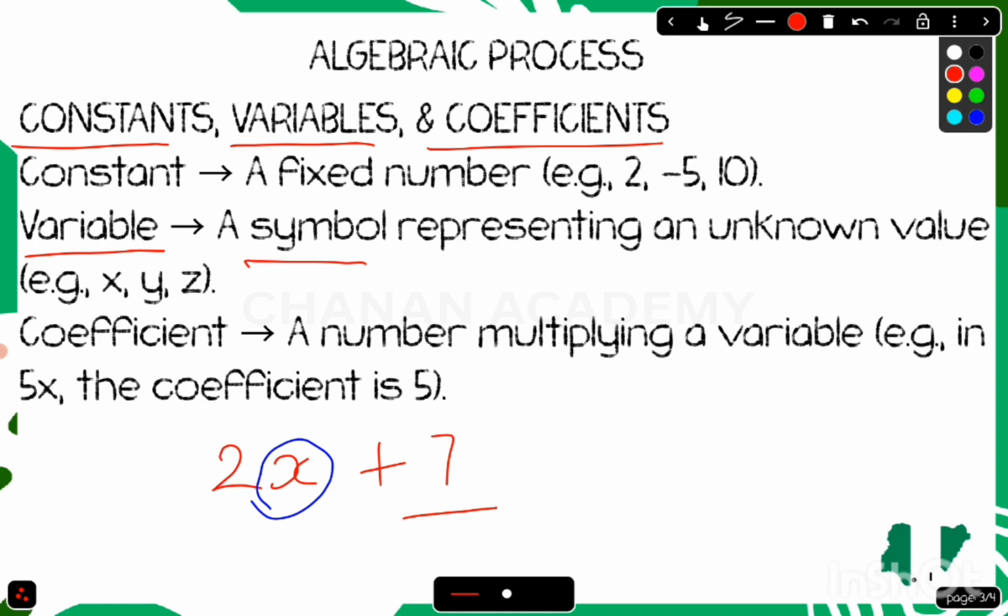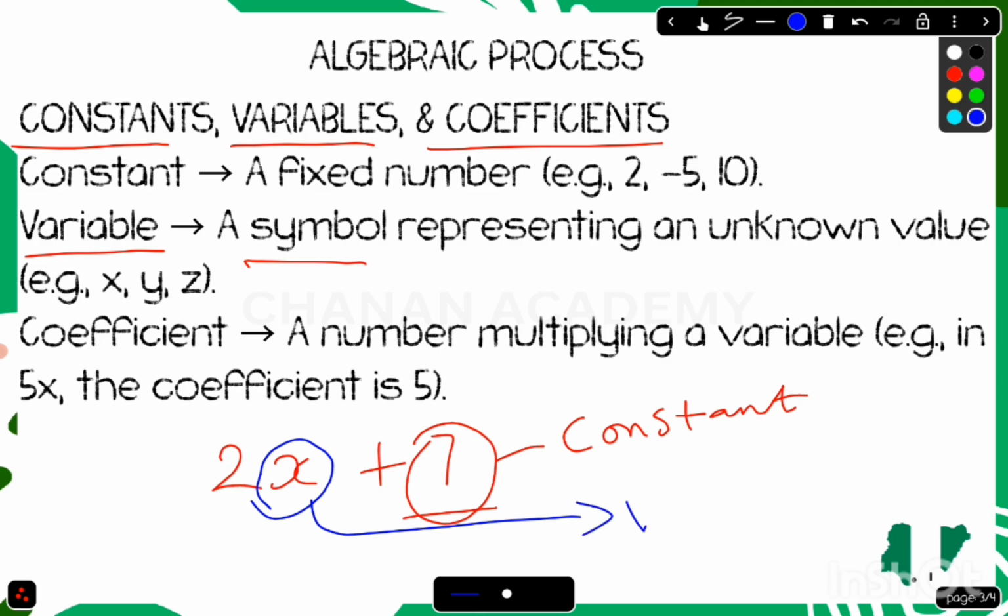Remember, 7 is the constant and x is the variable. x can change, can take any value. So x is an unknown in this equation.